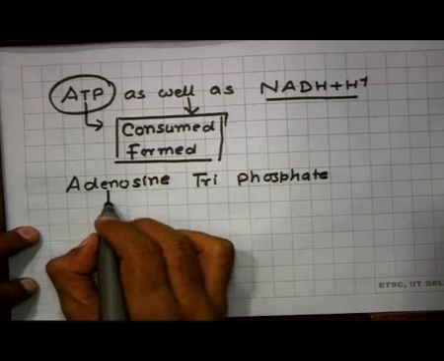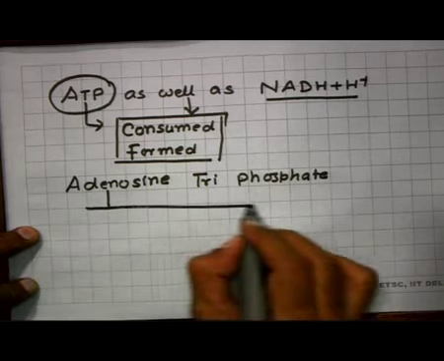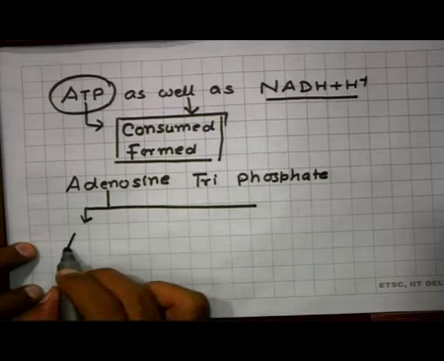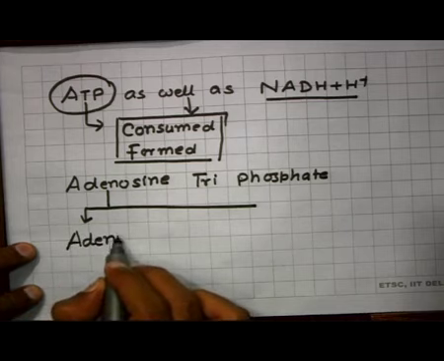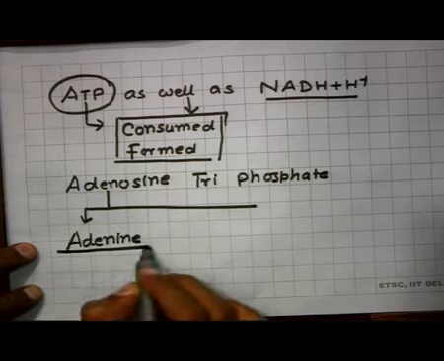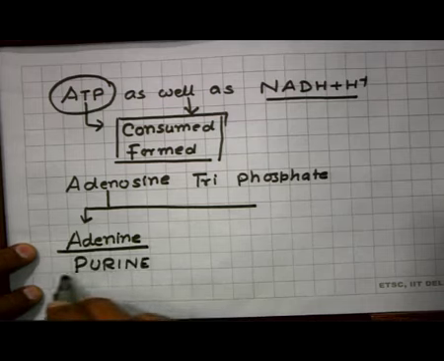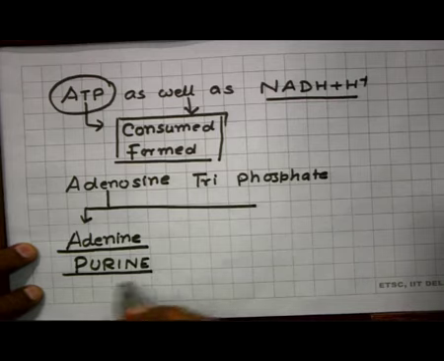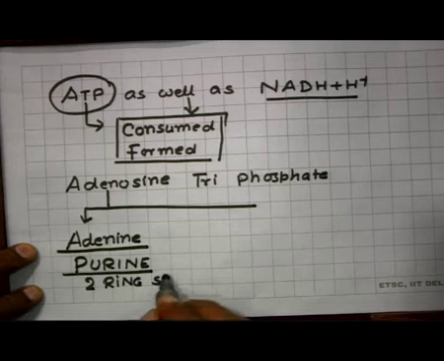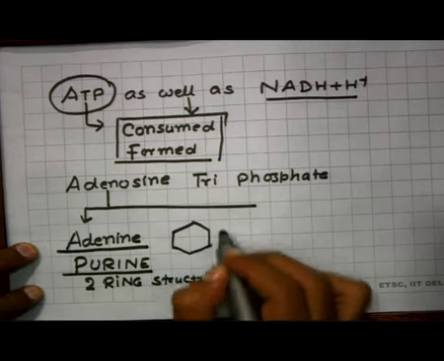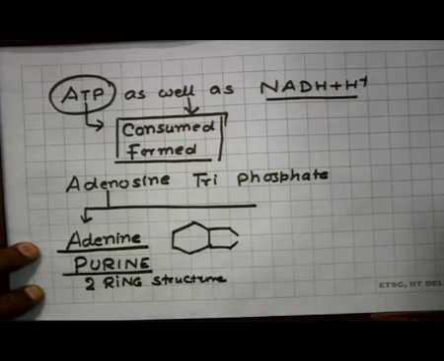Adenosine is made by a nitrogenous base, that is adenine, which is a purine, a two ring structure, one ring and another ring.